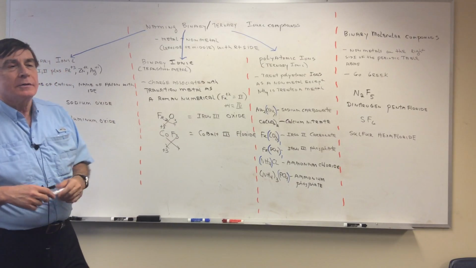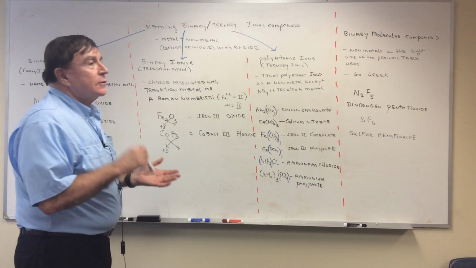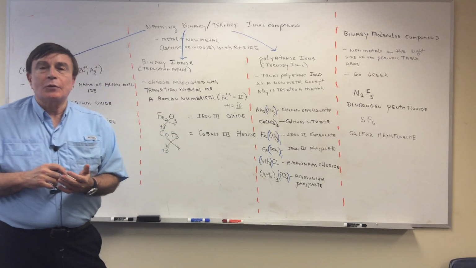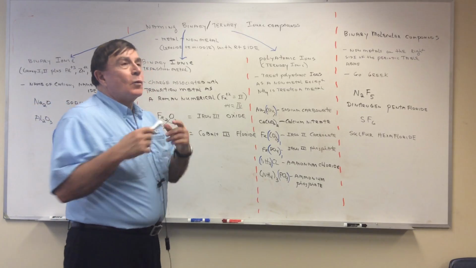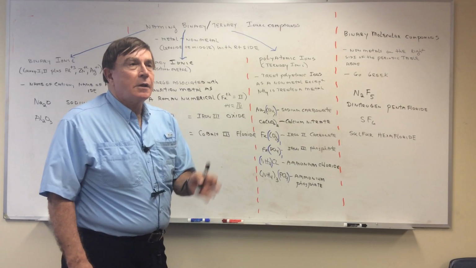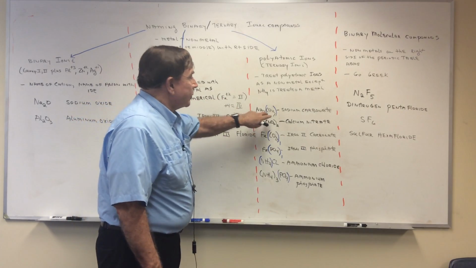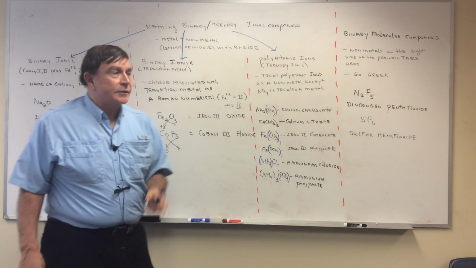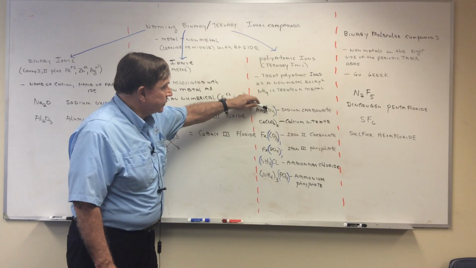Now let's talk about the next one, ternary ionic. Ternary ionic is a fancy word for having a polyatomic ion as one of the components, meaning a polyatomic ion, even if it's 2 atoms, for purposes of charge is considered as 1. So, for example, 1, 2, 3.